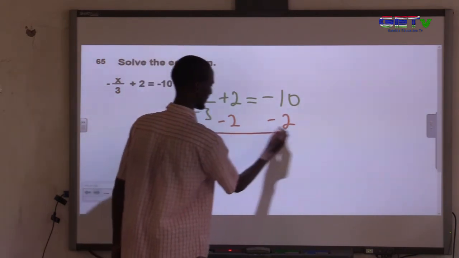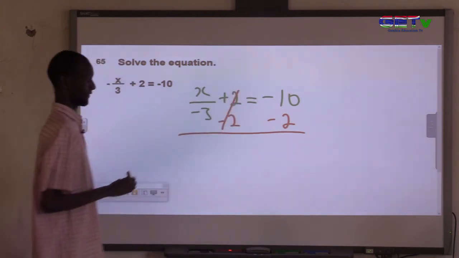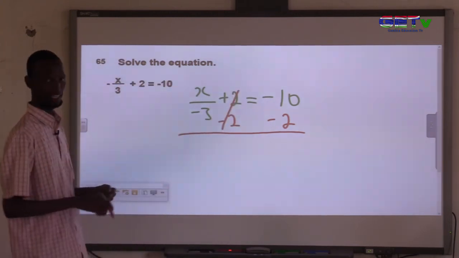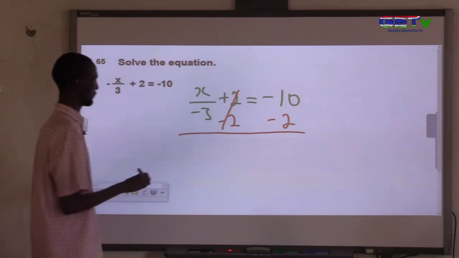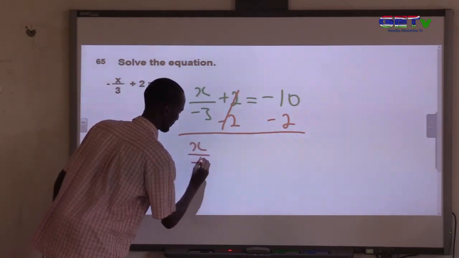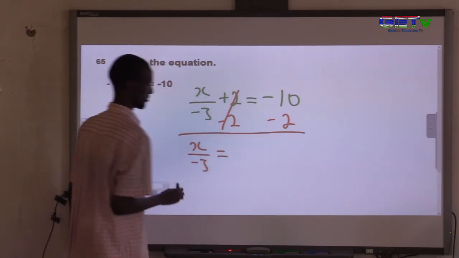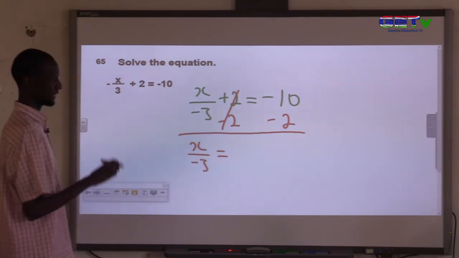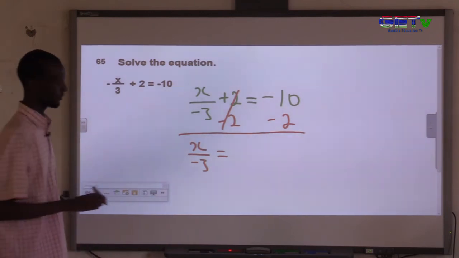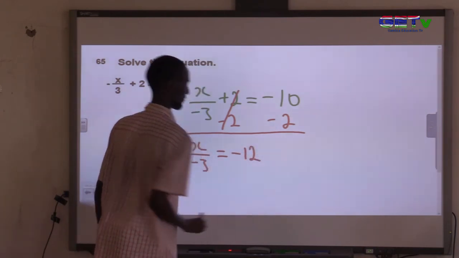Then the 2s will cancel out, but still on this left-hand side, we are left with x over negative 3. And that should be equal to negative 10 minus 2, which gives us negative 12.